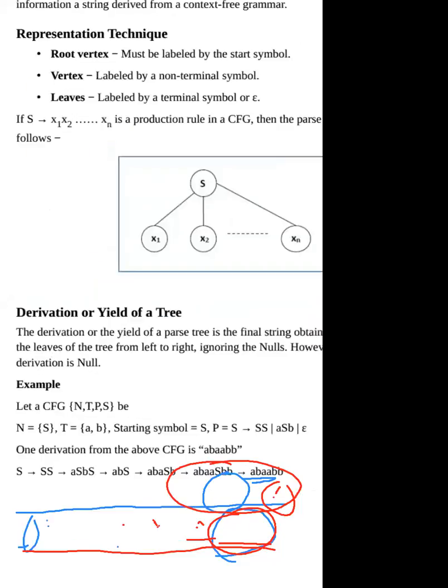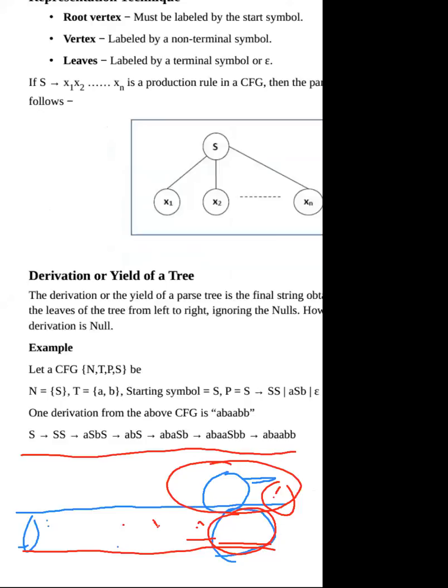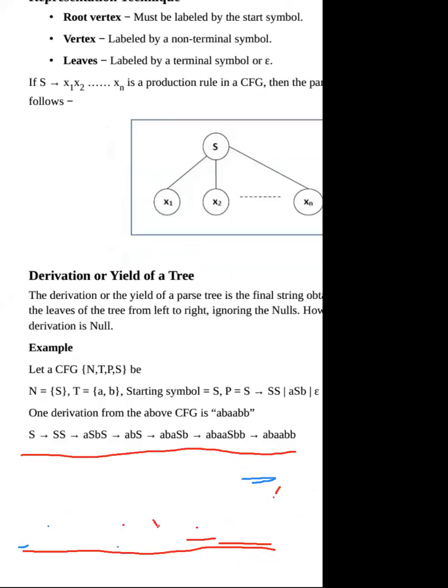Write them all in your copy. S implies SS, implies ASBS, implies ABS, implies ABSB, then implies ABA, lastly this thing. So just from here to here, copy it in your copy.